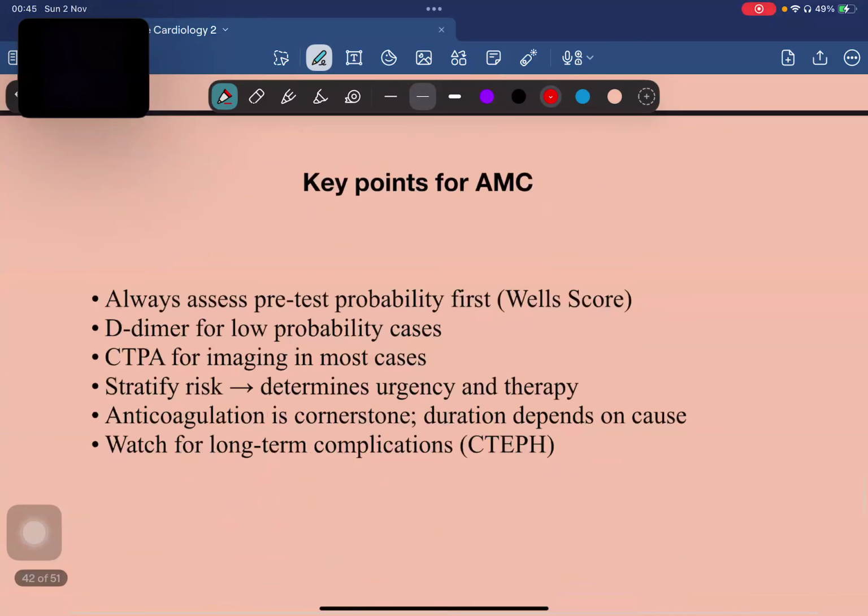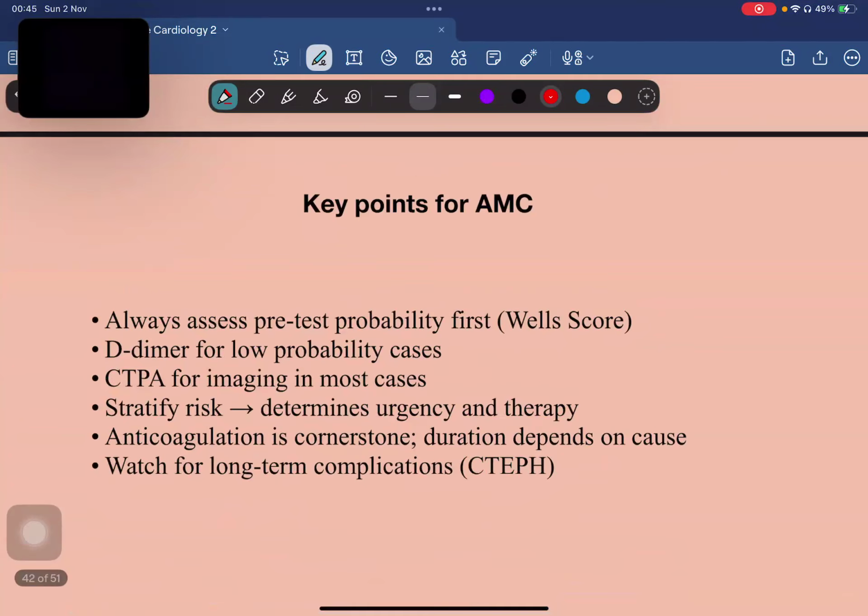And then the key points that we need to know in pulmonary embolism, I would say, is always assess pre-test probability first. The Wells score is a must. It's very important to know that. And we have D-dimer for low probability cases, and CTPA for imaging. In most cases, CTPA is very important when it comes to pulmonary embolism. And you have to stratify the risk, that is what determines the urgency and the type of therapy.